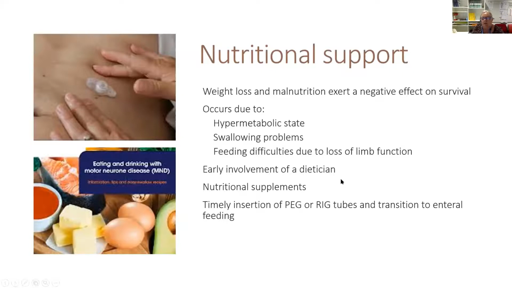So whether that's increasing protein, increasing calories in your food, increasing fiber, things like that are important. And of course, the timely insertion of PEG or RIG tubes can also assist with preventing weight loss and malnutrition associated with MND.